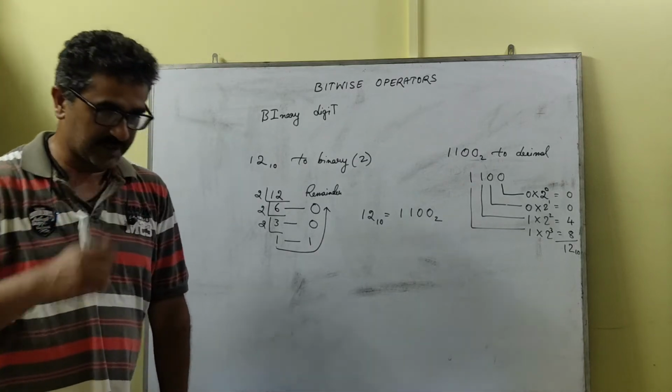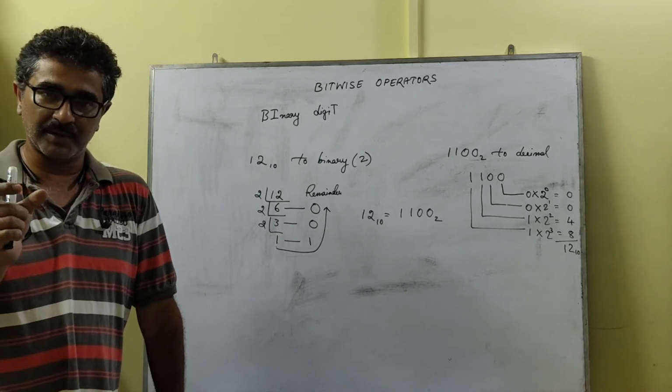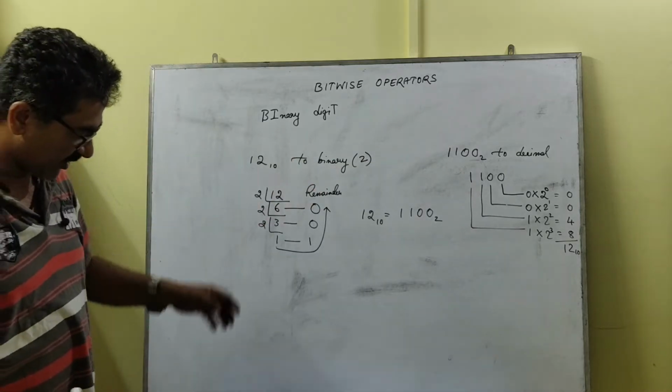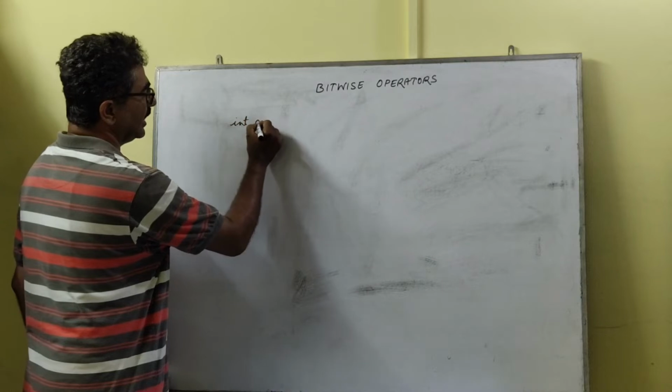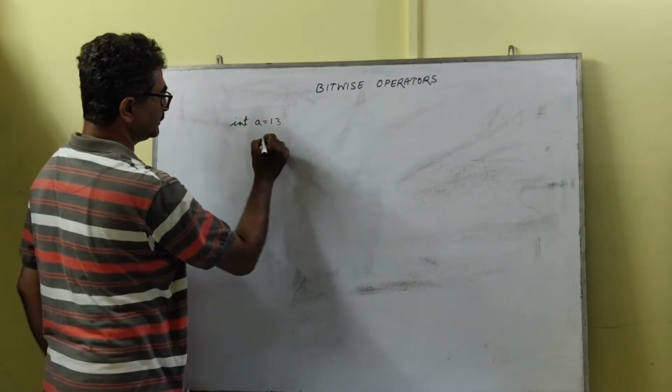Now, why am I telling you this is because every number that you use in a program is internally represented using the binary number system. For example, suppose I have a variable int a equal to 13.